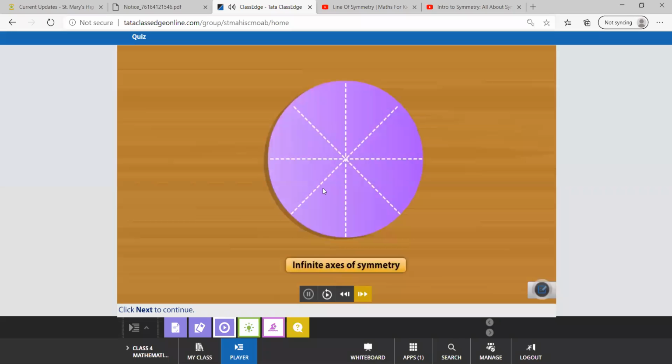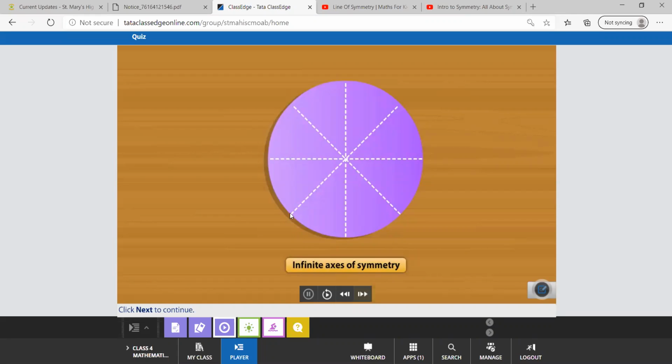So here they have shown only four lines. But you can draw uncountable, innumerable lines of symmetry on this. So a circle has infinite axes of symmetry. And this is also called a diameter.